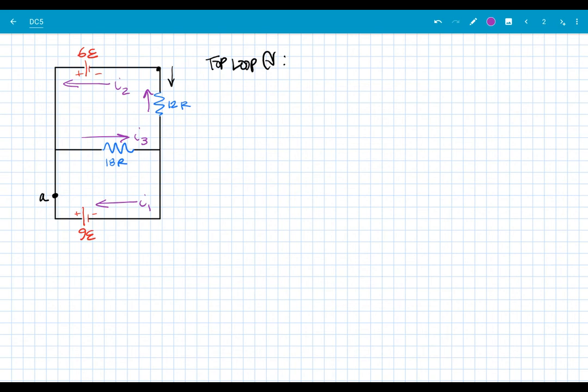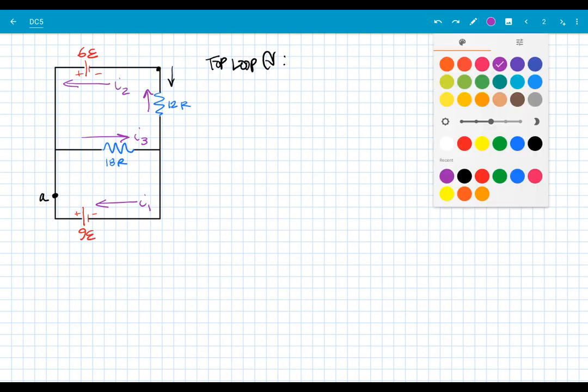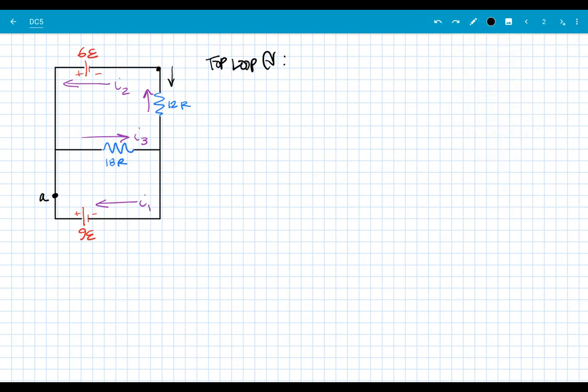And if I'm going to do my top loop clockwise, then I'm going against the current. If I go against the current, that means I'm going up the stairs. I'm not dropping, I'm moving from lower to higher potential. So that gives me positive 12R multiplied by the current going through there, which I'm calling I2.